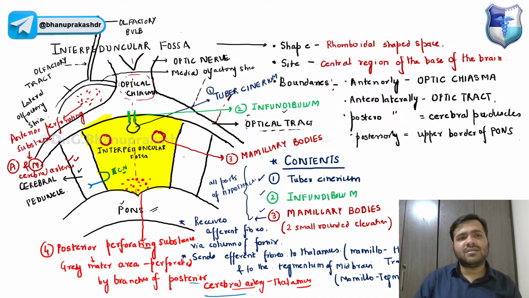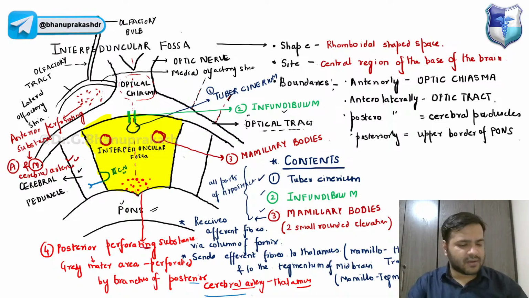So what is the location, guys? You can see this trigone, a triangle shaped structure is formed. It is located behind this olfactory trigone and the diverging medial and lateral olfactory stria. That is actually the site, guys, which you can see over here. So that is regarding the anterior surface.